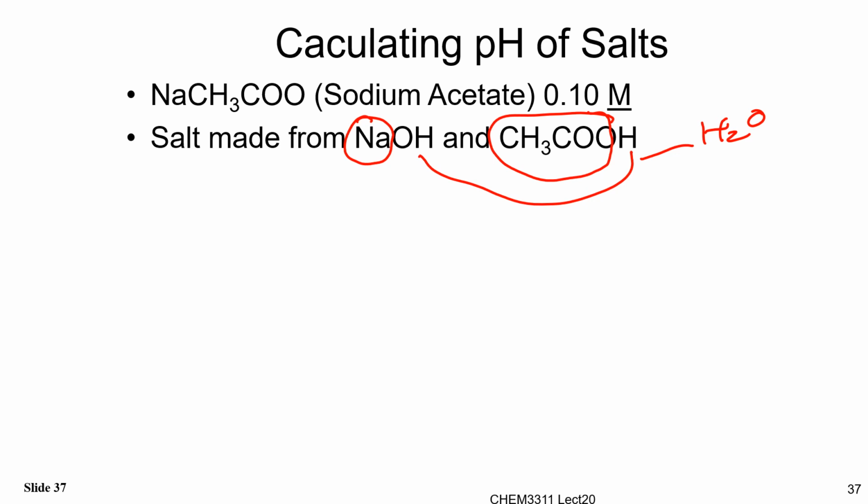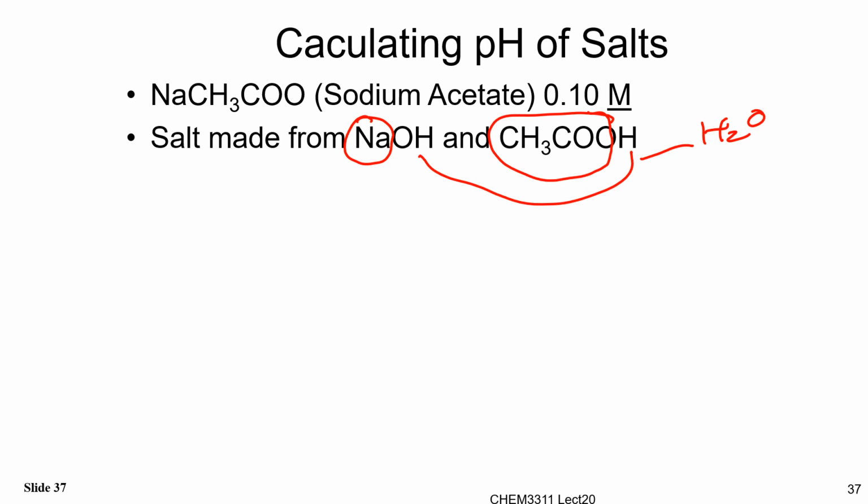Okay. If acetic acid is a weak acid, then acetate is a weak base. If sodium hydroxide is a really, really strong base, then sodium ion is a really, really, really weak acid.